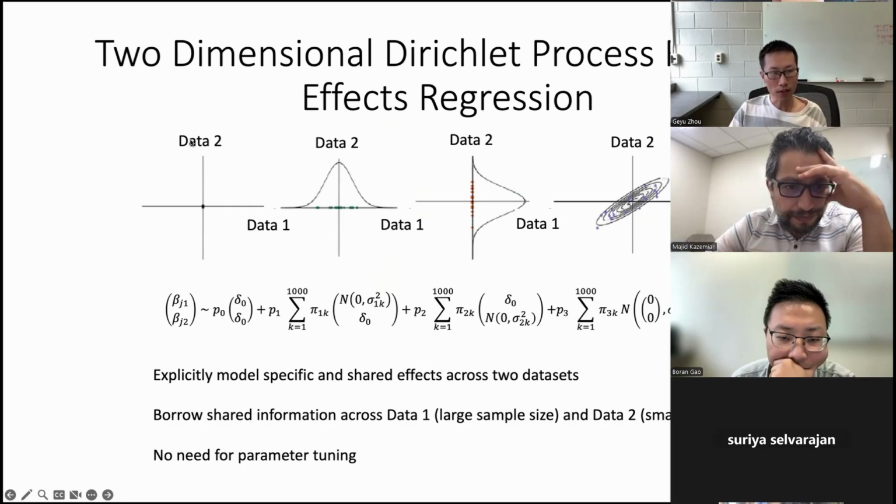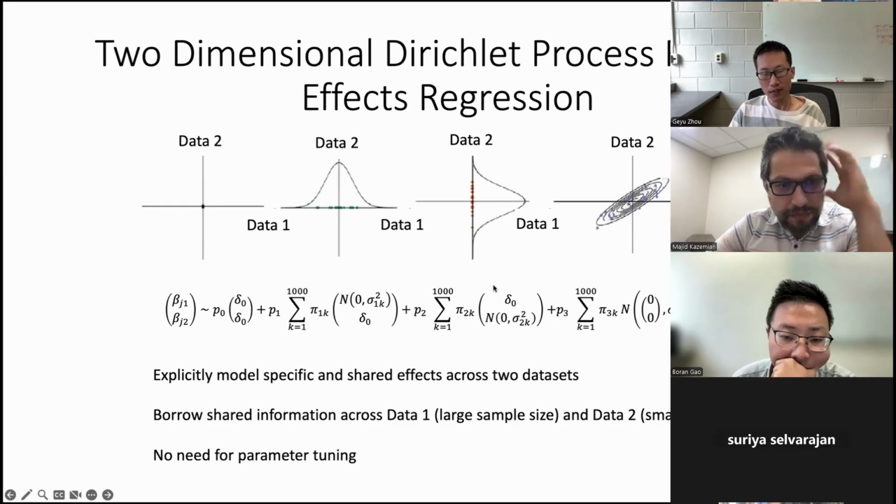The first component, with probability P0, means the effects are zero in both datasets. The second component means the effect is non-zero in dataset 1, but zero in dataset 2. And we further use the Dirichlet process to specify the mixture distribution for the dataset 1 effects.